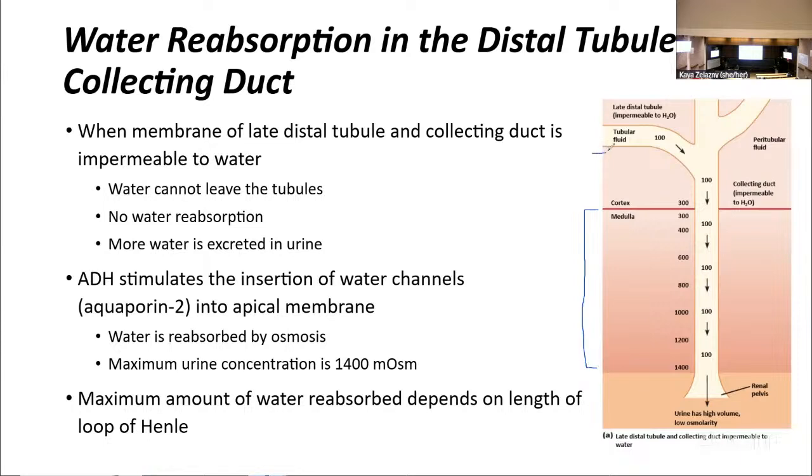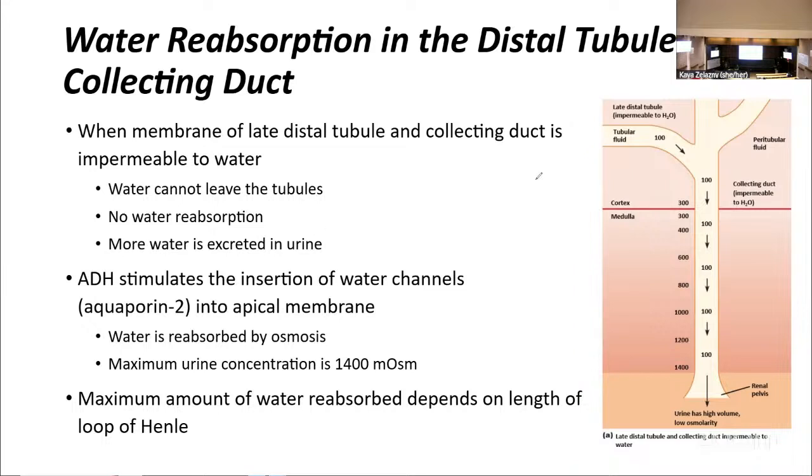Here's our late distal tubule, so the end of the nephron. So we're up in the cortex, and then we're diving back down through these regions where we have higher and higher osmolarity. So there's that gradient we see here. So starting at 300, getting bigger and bigger and bigger as we move towards the renal pelvis. Okay. So that's the setup for the surroundings of these areas.